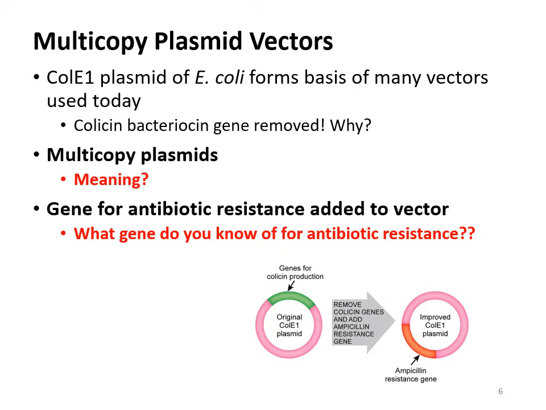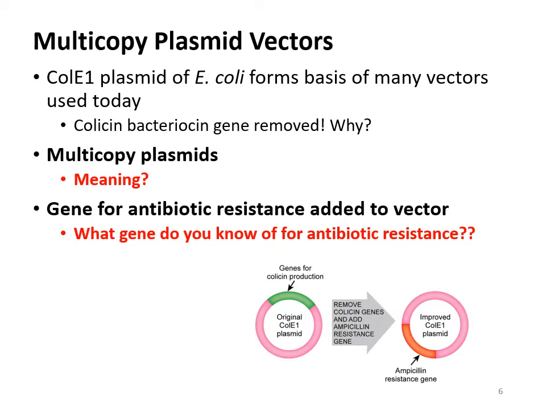So researchers removed the colicin gene, and then they added what's called the beta-lactamase gene. They added antibiotic resistance. And why would they want to add the beta-lactamase gene? Well, now if you use this plasmid in research, if it gets into the bacteria, then you'll know because that bacteria will now be able to survive on ampicillin plates.